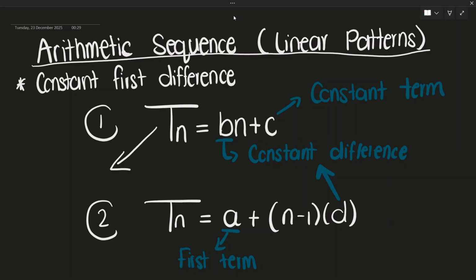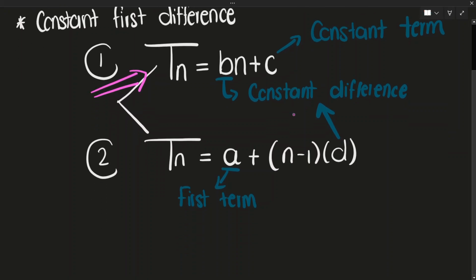Now, you can use either formula to get the pattern as long as it's the same. But when you quote a final answer for a pattern, always quote that final answer in the form of Tn is equal to Bn plus C. Right? So let's now just do a quick example.